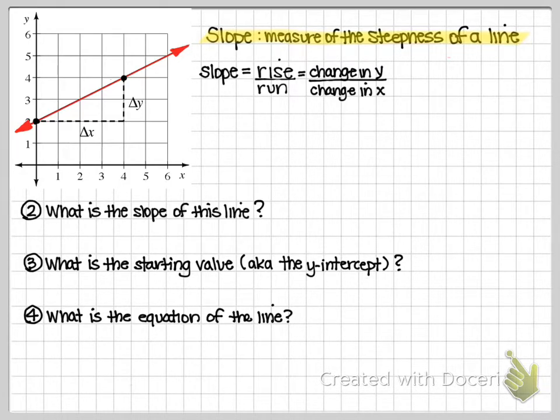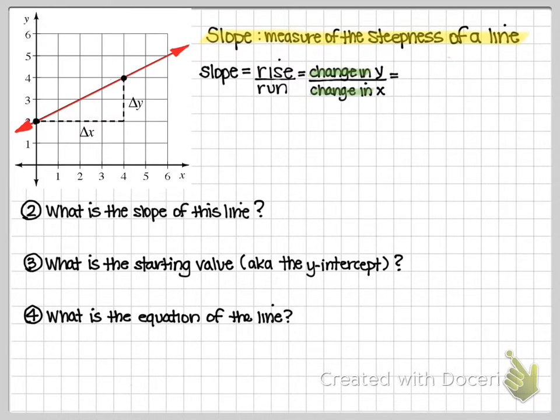Okay, here's where that symbol now comes from. This whole idea of change in, well, change in, we have a symbol for in math. Actually, we have a lot of symbols in math. This is one of them.